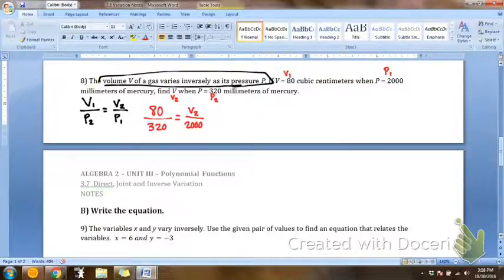So you should have 80 over 320 equals V2 over 2,000. Make sure you plug them into the right spot.